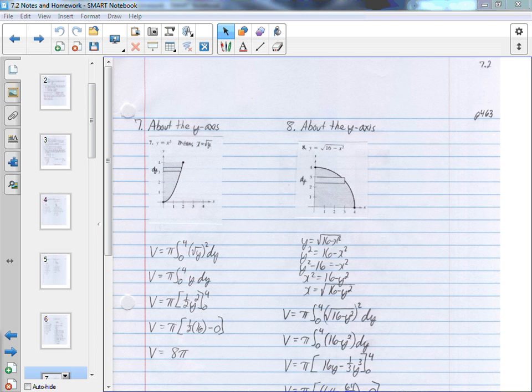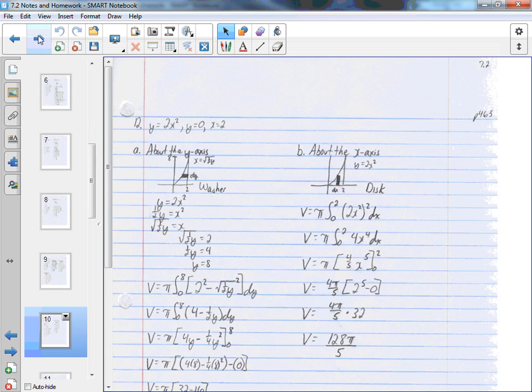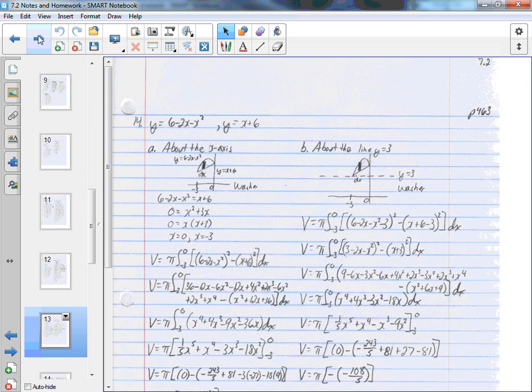We'll start with number 14. Right, on 14, the directions say to find the volume of the solid generated by revolving the region bounded by the graphs of the equations about the given lines.